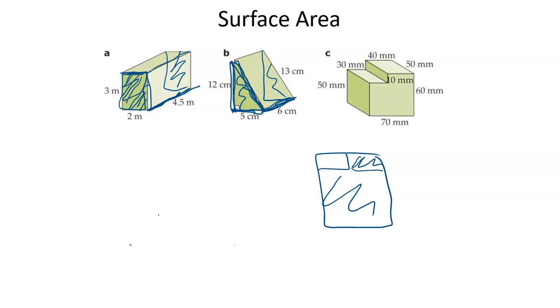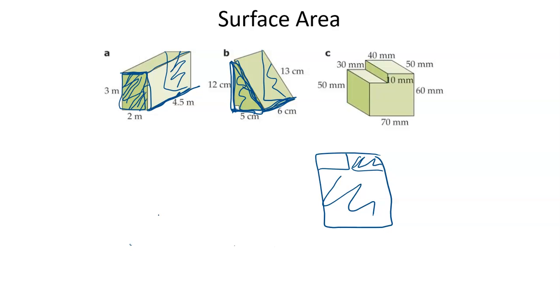Now it's a little ambiguous, but I'm pretty sure that that is supposed to be 30 and that's supposed to be 40. The reason being that those 2 add up to 70. And that's supposed to be 50, well that's kind of obvious, and that vertical bit there is supposed to be the 10, because again 50 and 10 is the 60. And then the depth of the prism, the length of the prism, is 50 like that.